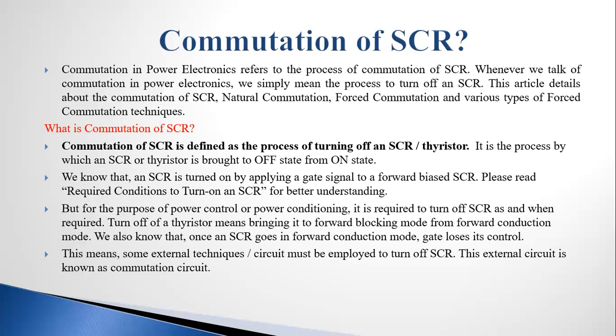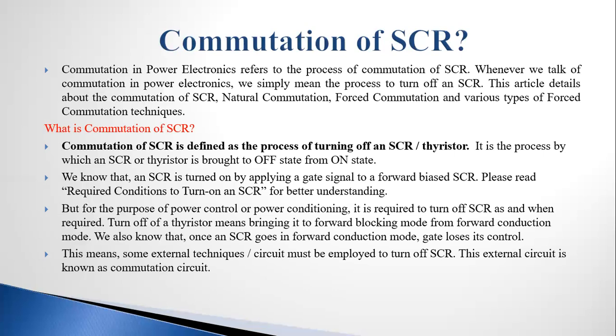Turning off a thyristor means bringing it to forward blocking mode from forward conduction mode. In the VI characteristic of the SCR, there are three modes of operation: reverse blocking mode, forward blocking mode, and forward conduction mode. So commutation means bringing the SCR back from forward conduction mode, that is, turning off the SCR.